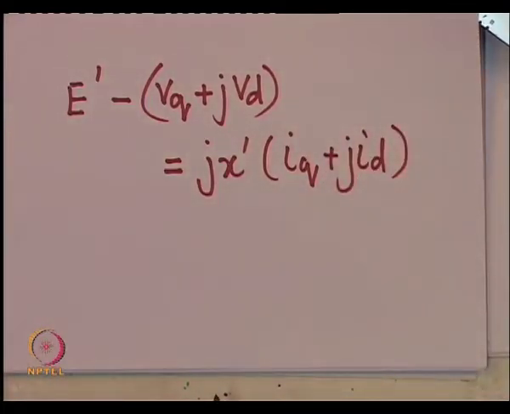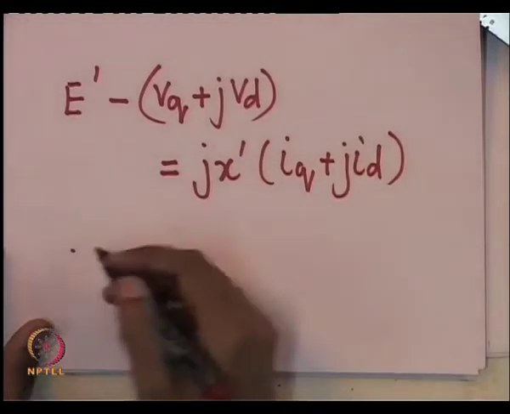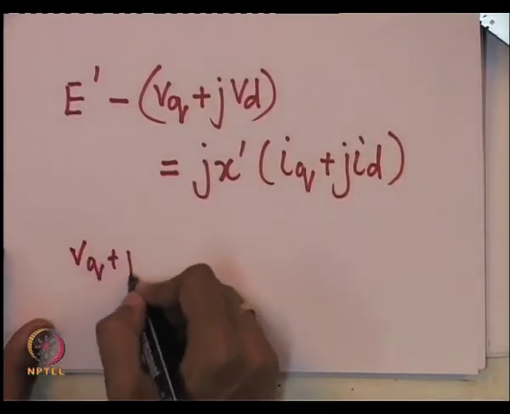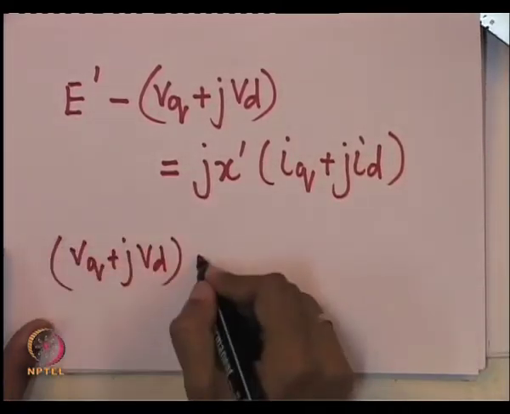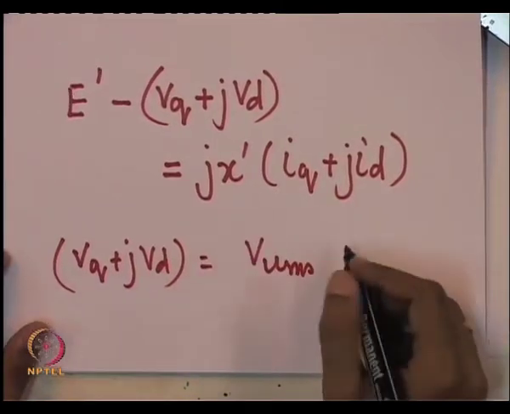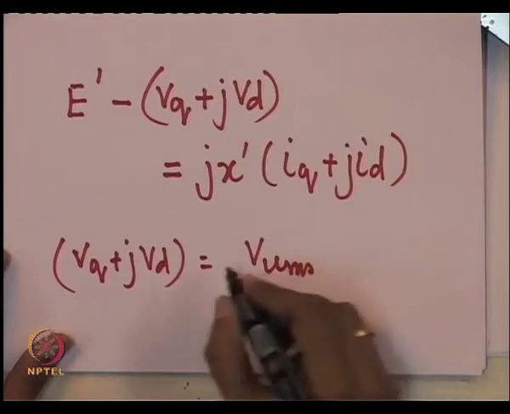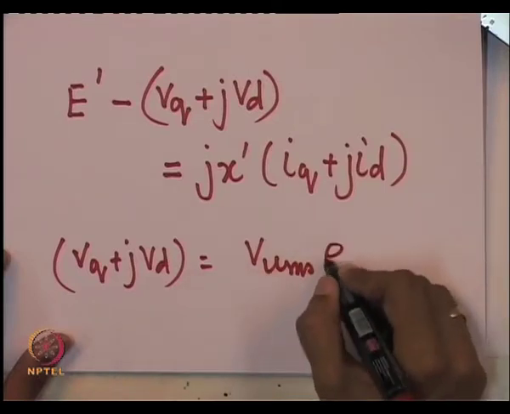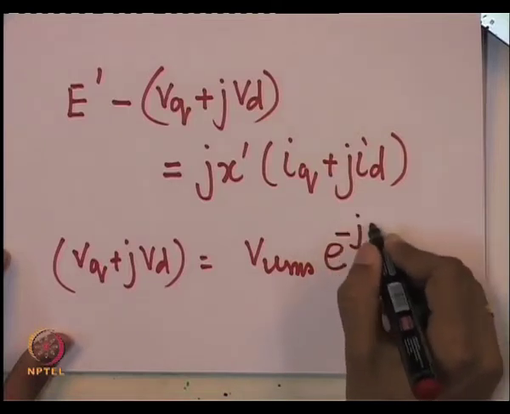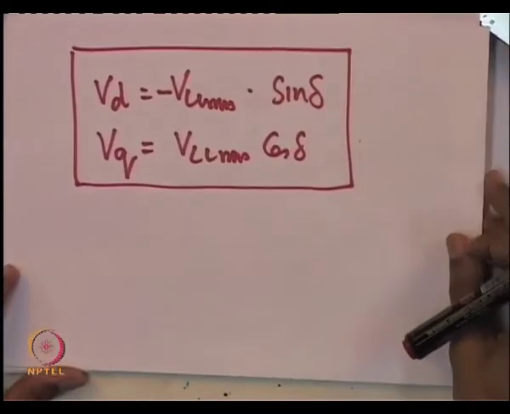This is what we get, and from what we have here, V q plus j V d can be written compactly as V line to line RMS into e raised to j delta. Just have a look at it.